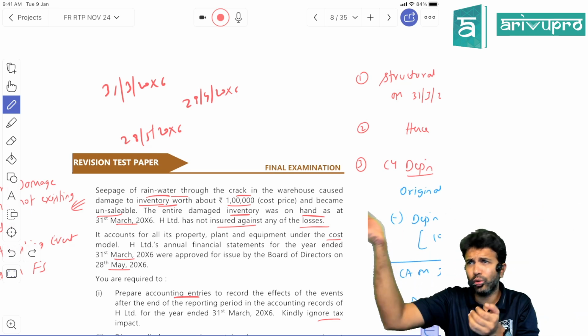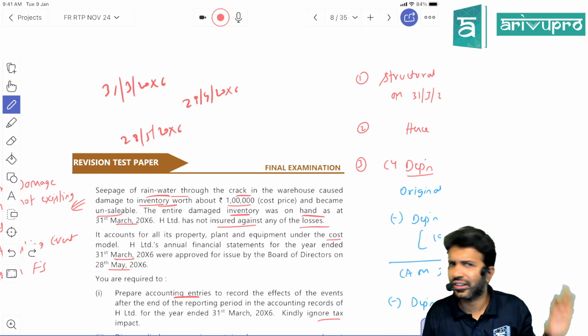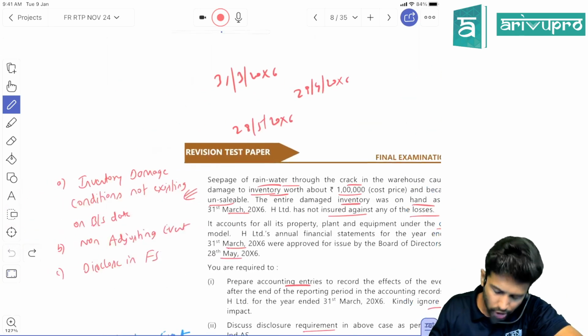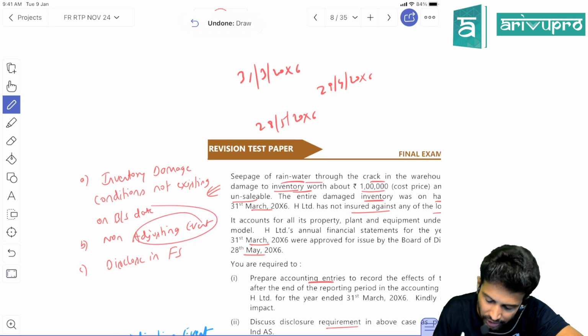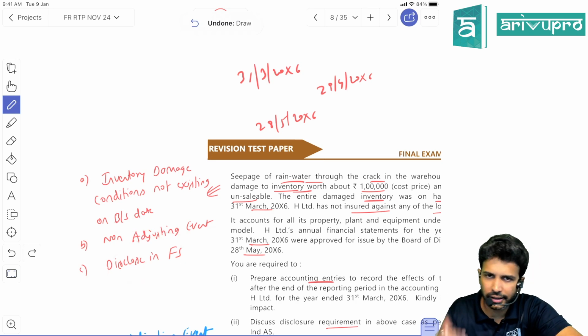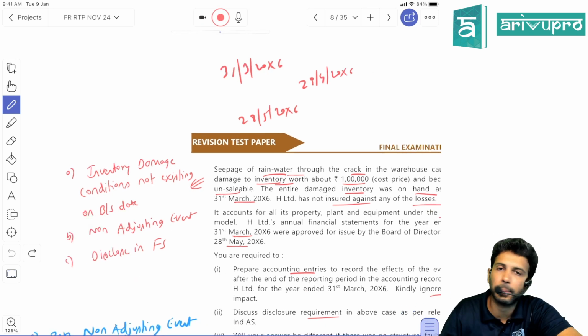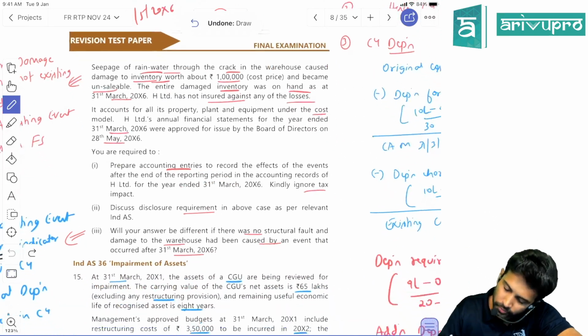Now due to heavy rainfall there is some leakage and due to this water has come in and inventory has got damaged. So these conditions are not existing on balance sheet date. So it is a non-adjusting event, and we studied this. In a non-adjusting event, what do you do? We only give a disclosure in the current year financial statement. So this particular para requires a disclosure. That's the disclosure requirement that they are talking about.